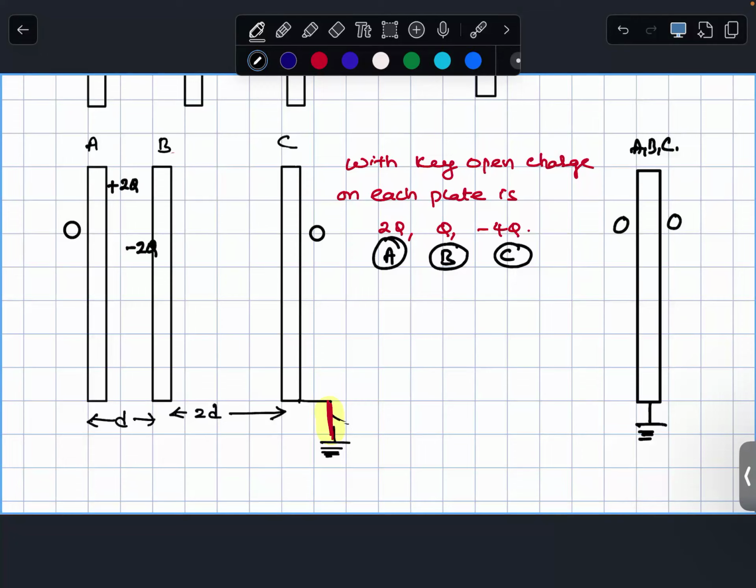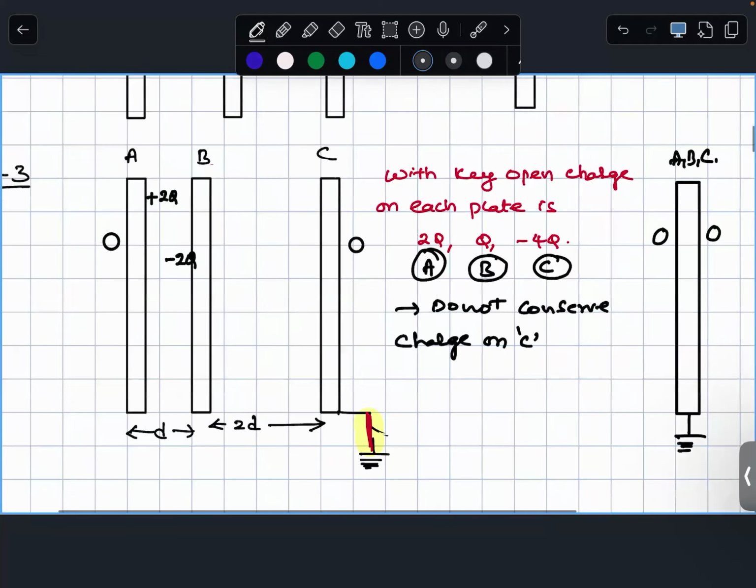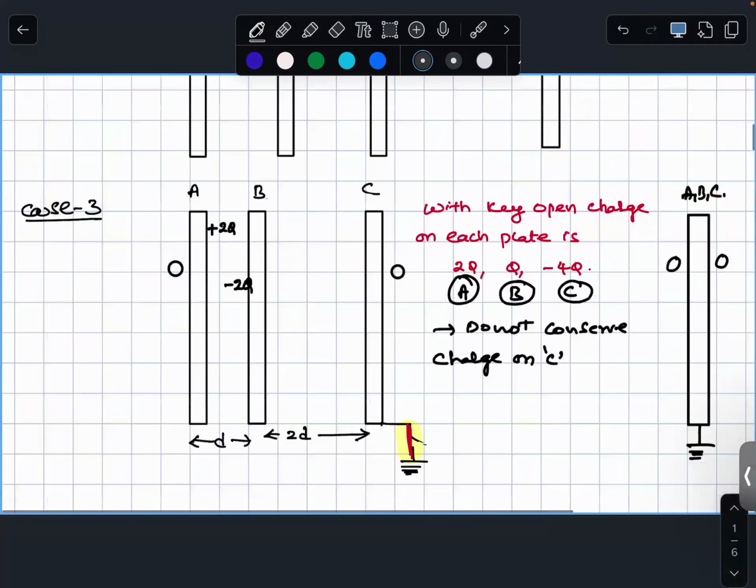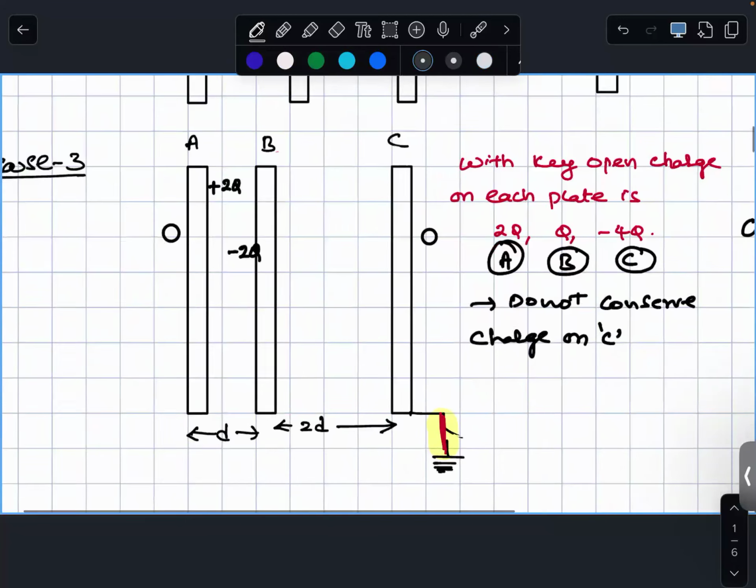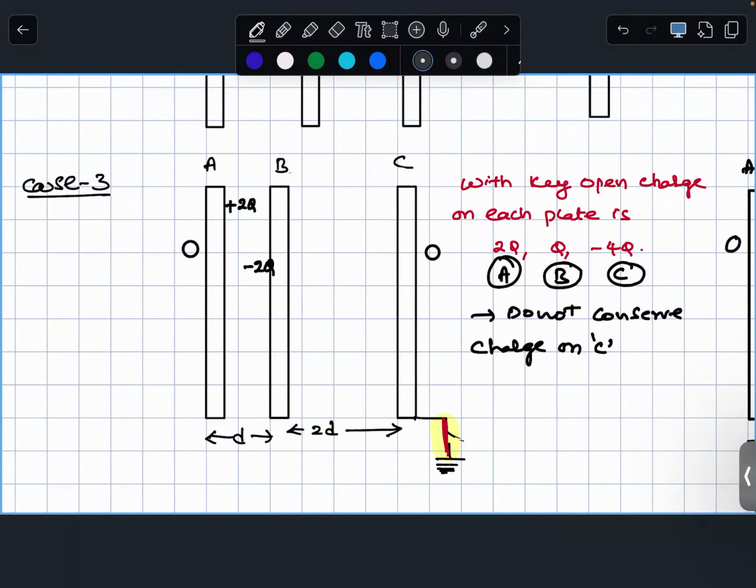And do not conserve charge on C. Why? Because it is earthed, so it is not isolated. But B is still isolated. So what should be the charge on B now? The right side face of B. So to conserve the flux, minus 3.